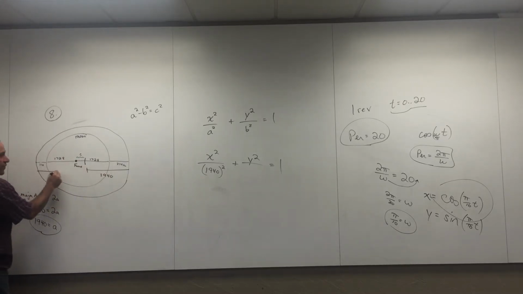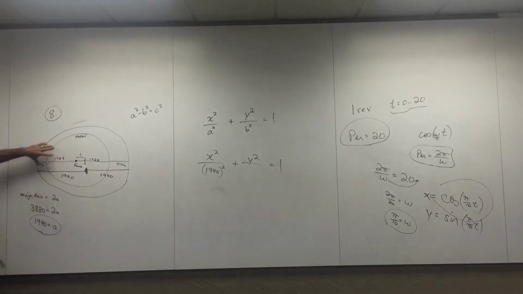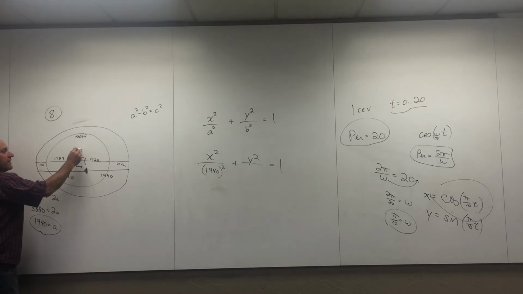Or if you go 1940 away from this edge, you end up here. So maybe you add these up. What's that? 1838. 1838 plus a little bit will be 1940, and you're saying that little bit is 102.